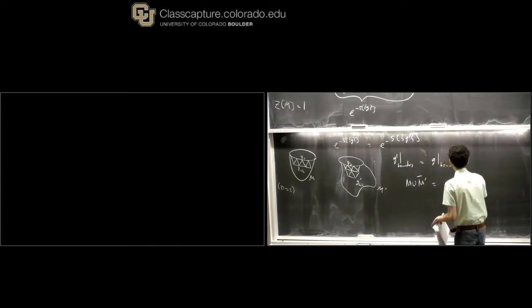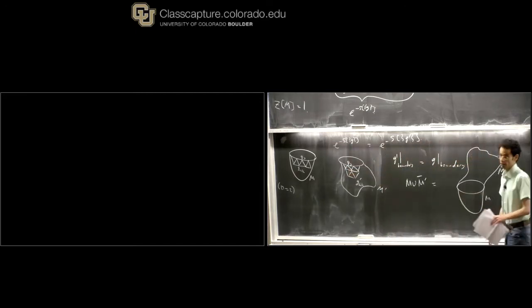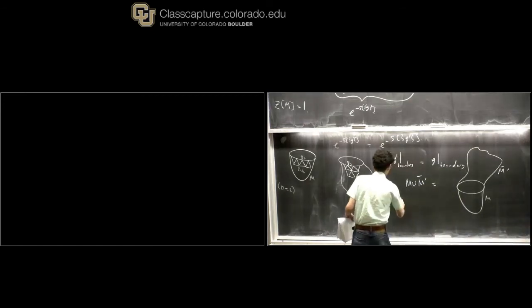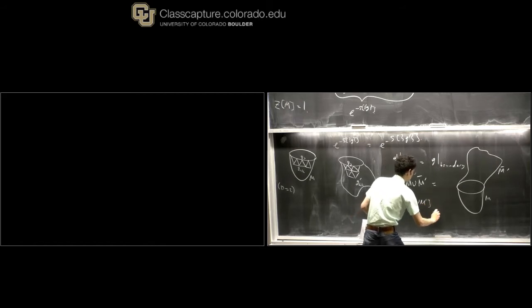This will be M, and this will be M prime bar, and because the boundaries are the same and the configurations of group elements on the boundary are the same, this glues nicely. So we get a closed manifold, and we know that on a closed manifold the partition function, or the action, is equal to 1.